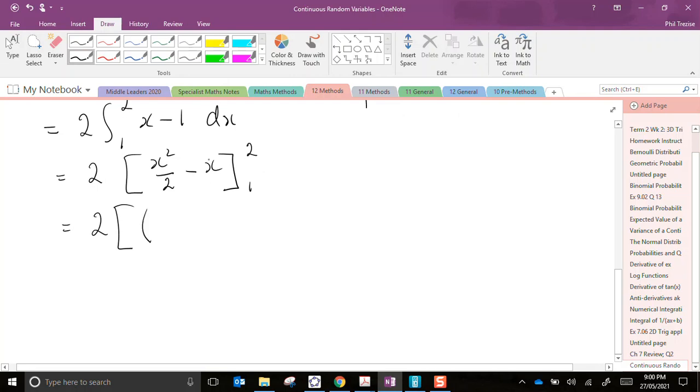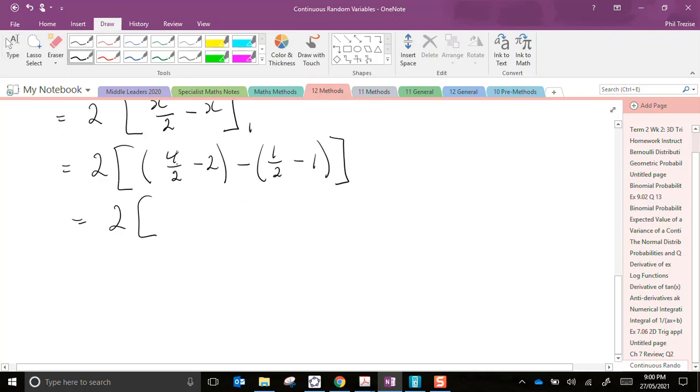So substituting 2 here, 2 squared is 4 over 2 minus 2. Then 1 squared is 1 over 2 minus 1. Well, 4 over 2 is 2, 2 take 2 is nothing. 1/2 minus 1 is negative 1/2, and it was subtract negative 1/2.